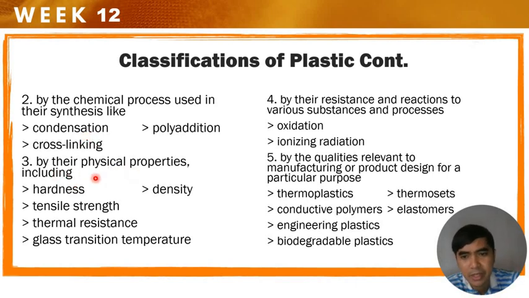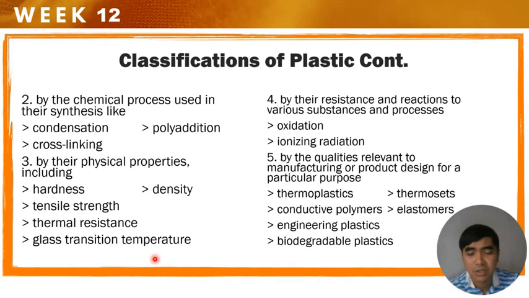Next is by their physical properties. We already know these physical properties. Other materials such as metals also have these properties. So the hardness, plastic materials have hardness also, tensile strength, thermal resistance, glass transition temperature. What is glass transition temperature? It is the temperature at which an amorphous material, a polymer material, turns into a viscous liquid or rubbery form.